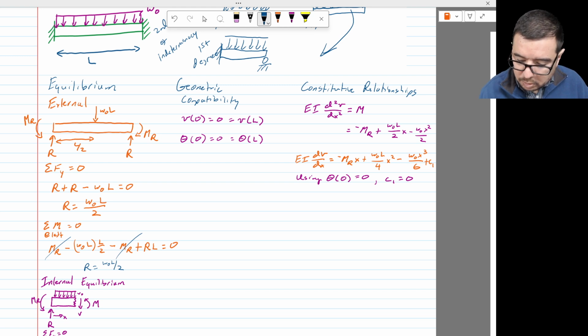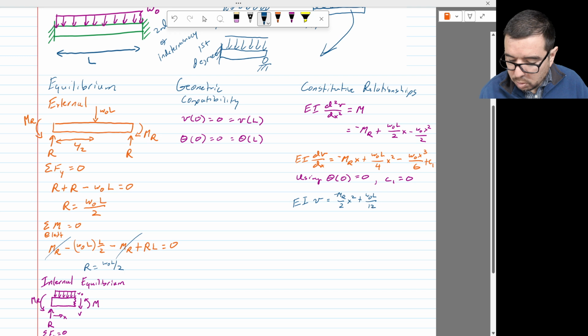EI times little v is equal to, all right, so now we have minus MR over 2 x squared, and we're going to get plus W naught L over 12 x cubed, and then we'll get minus W naught x to the 4th over 24, and we'll call it plus C2.